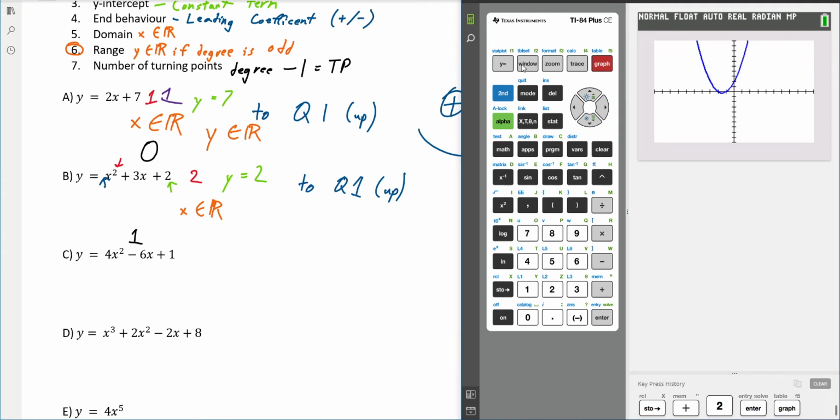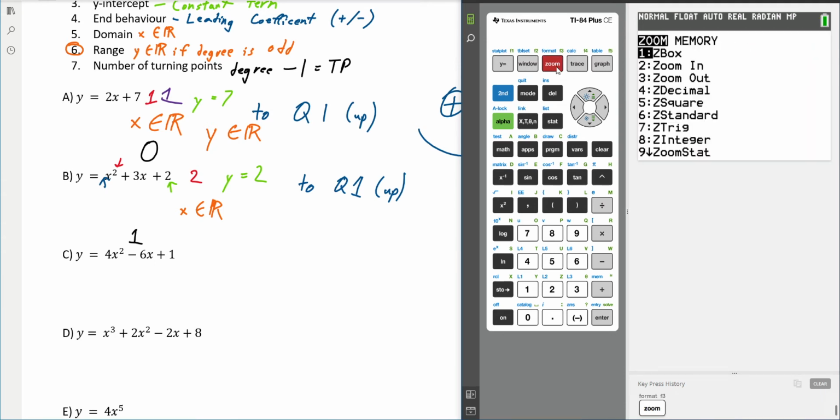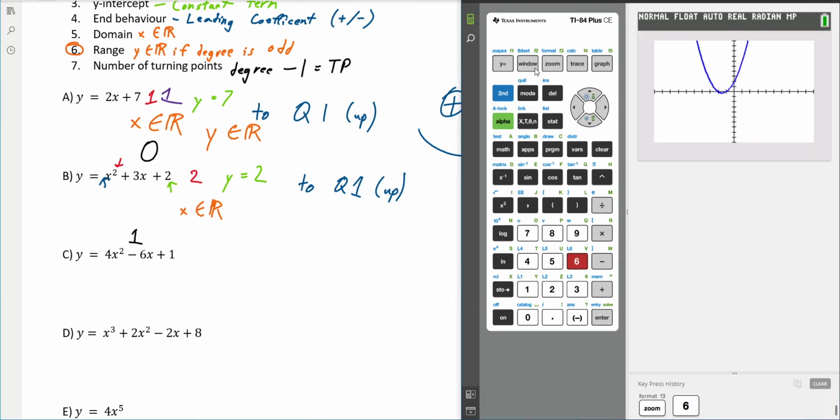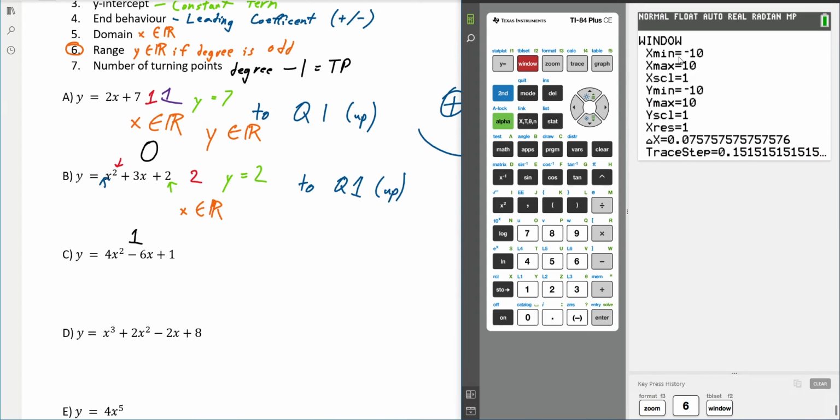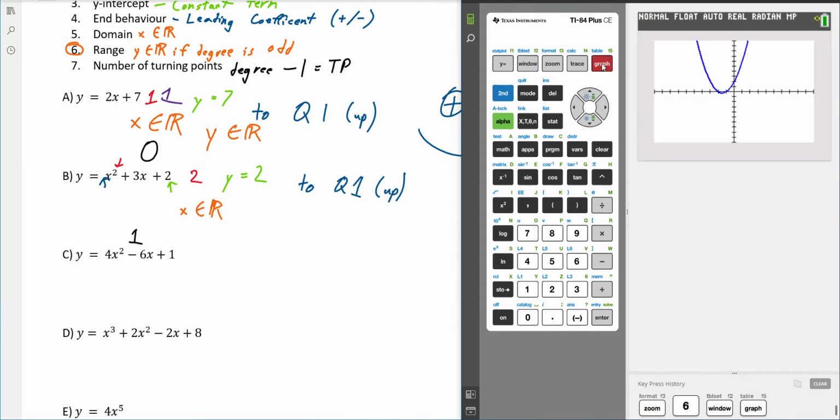If it's not showing up, try pressing zoom 6, which gets you to zoom standard. That would just get your window settings from -10 to +10 in the x and the y direction. So this is -10 over here, +10, -10, +10.